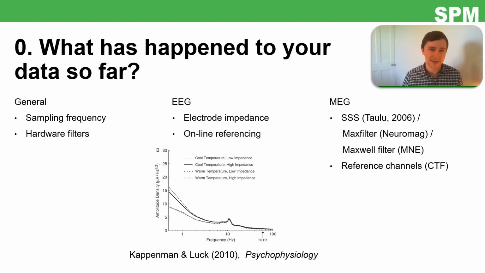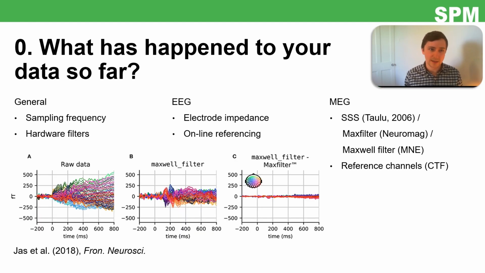I'm not going to go into the details of this, but essentially it takes Maxwell's equations and spherical harmonics, and uses those to model your data as two spaces, internal and external. And the idea is that if all goes well, the internal space will contain all of your signals of interest, and the external space will contain noise. And by separating them, you can obviously dismiss the noise.